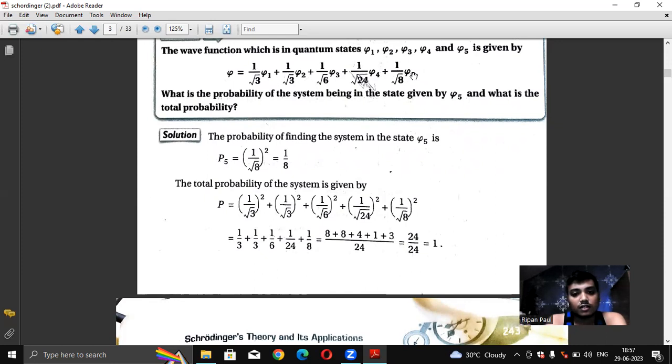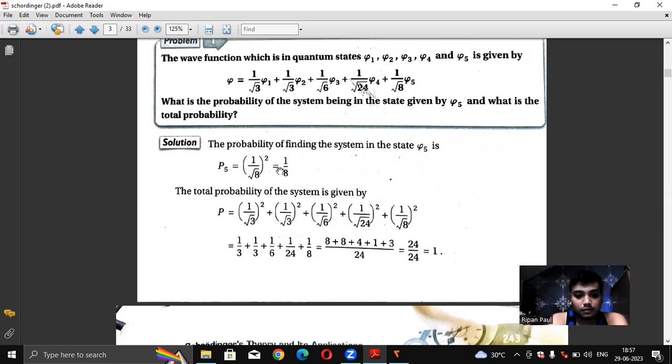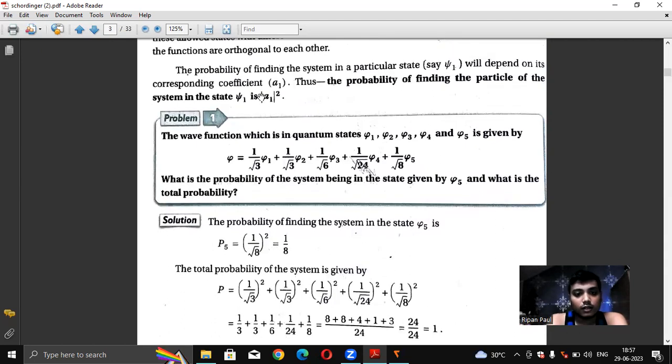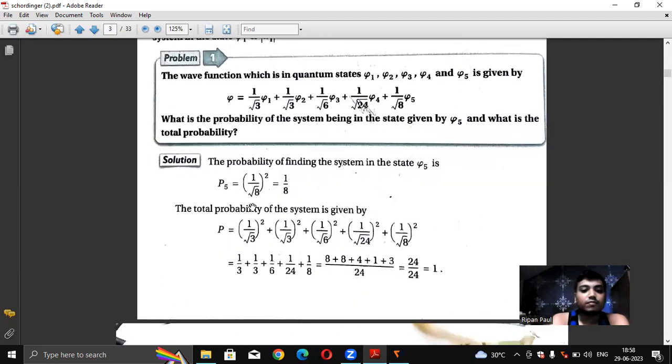The problem is to find the probability in the phi 5 state, so you need to find P5. Take the coefficient and square it, mod a1 squared. I already told that in the previous problems. So take the coefficient and square it, and also find the total probability. This is the problem.